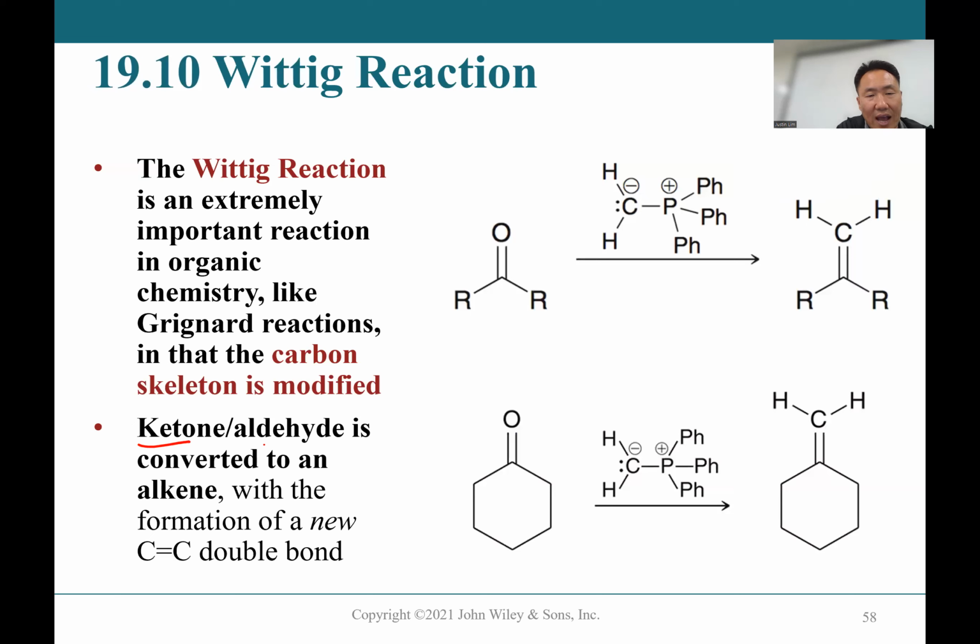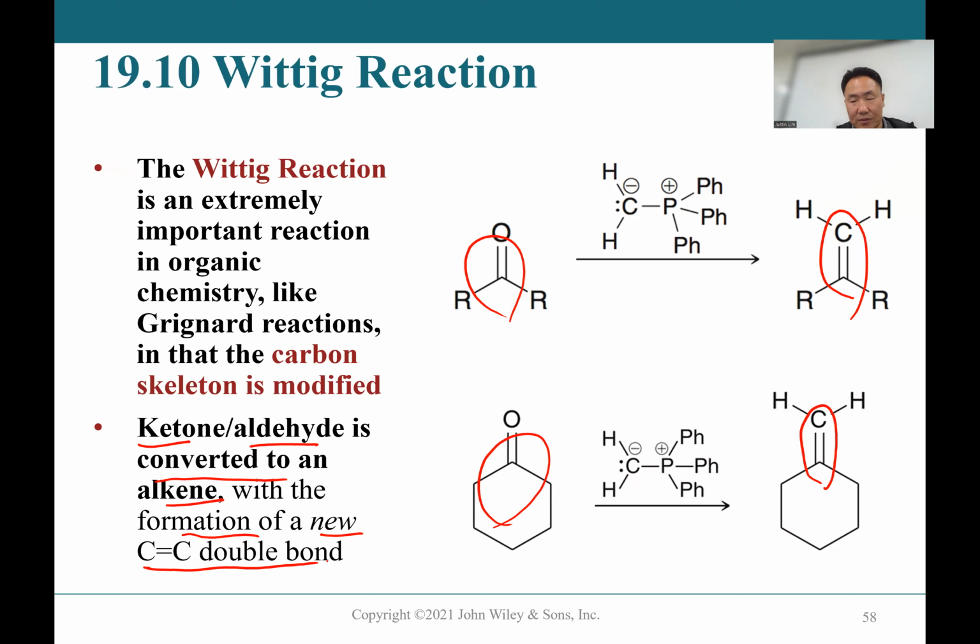So a ketone or aldehyde is converted to an alkene, with the formation of a new C=C double bond.